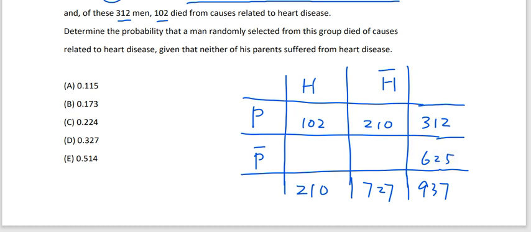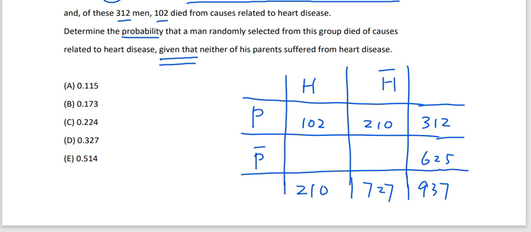So let's check what we want to find. We want to determine the probability that a person selected from this disease died of cause-related heart disease, given that neither of his parents suffered from heart disease.